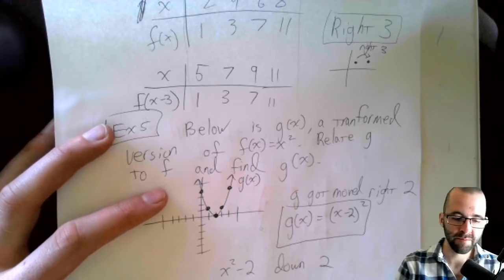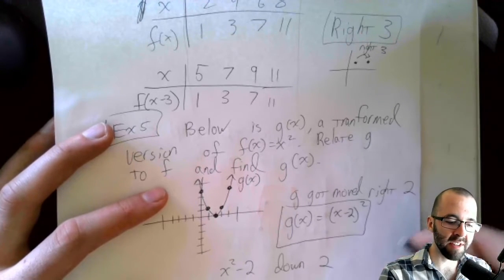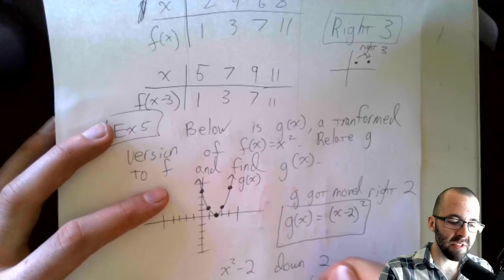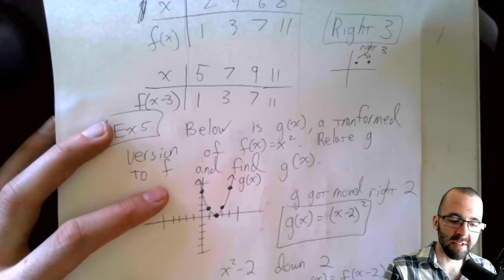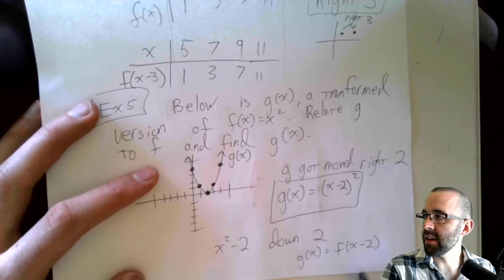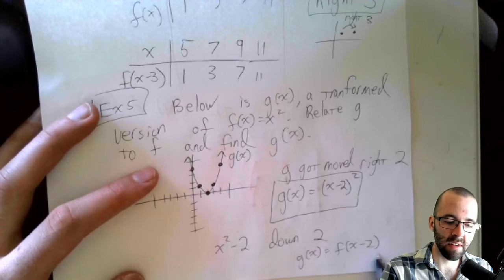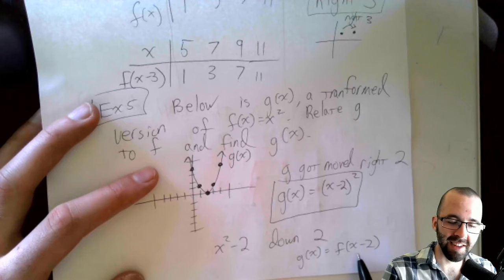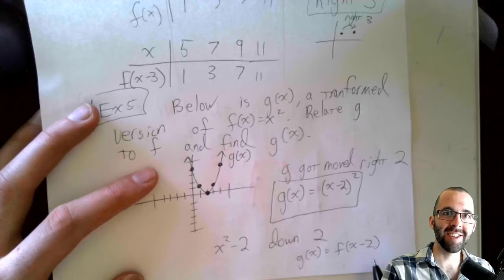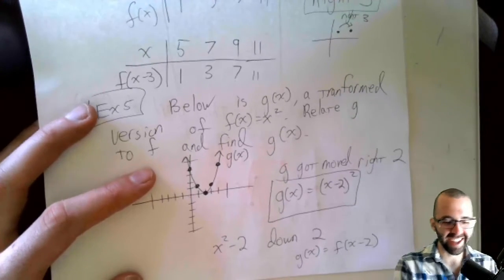And another way to have phrased this, if you wanted to, you could have also said that g of x is f of x minus 2, like this. And then this is like a function composition, isn't it? Function compositions, hey!